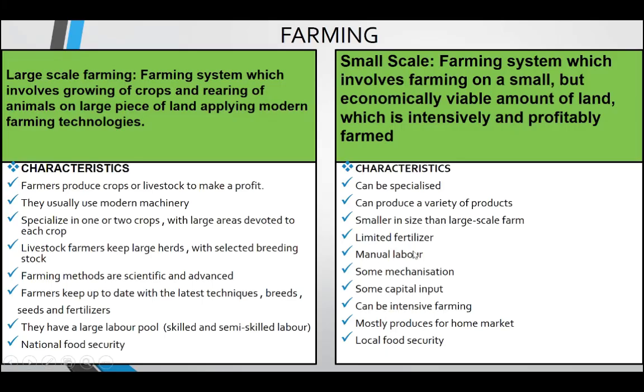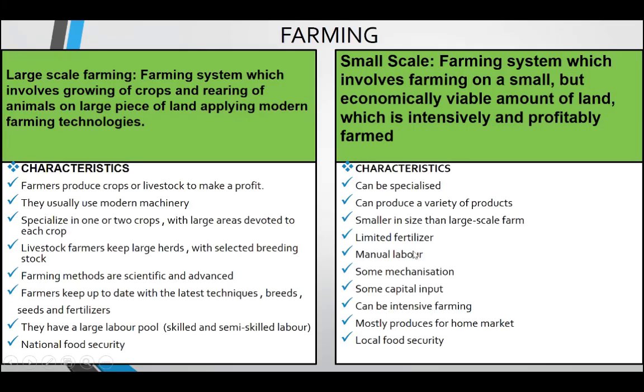You have bananas that come from Brazil, and other products that come from overseas, so they compete with local products. Many times, I'm not sure why, people prefer foreign products to local ones, and that also contributes to food insecurity.